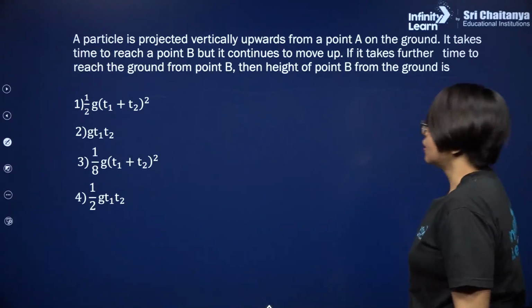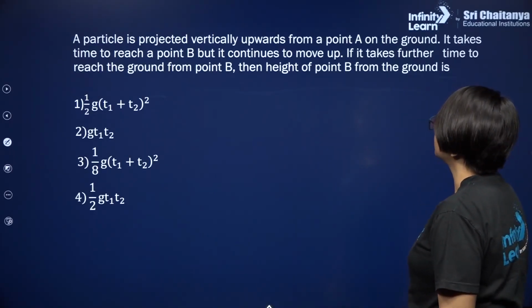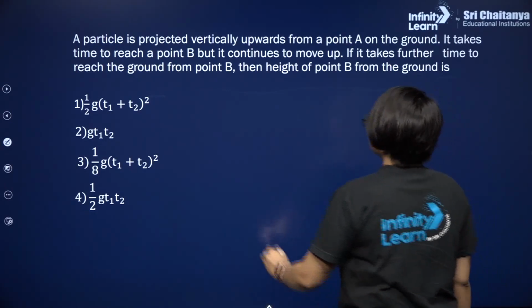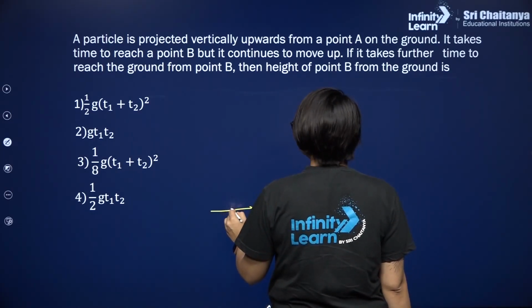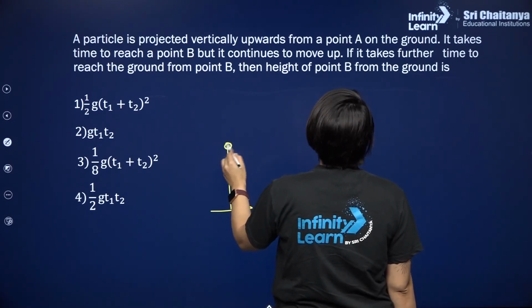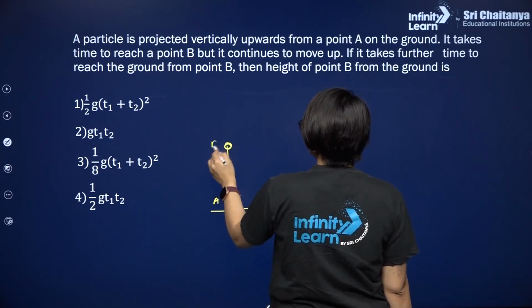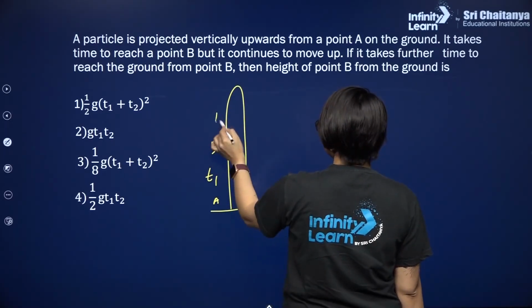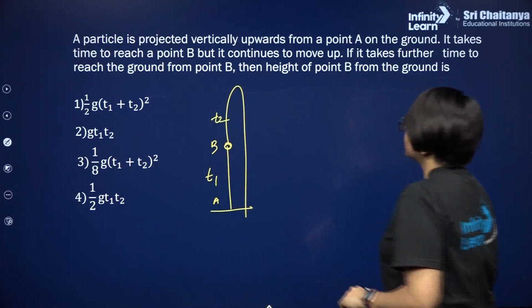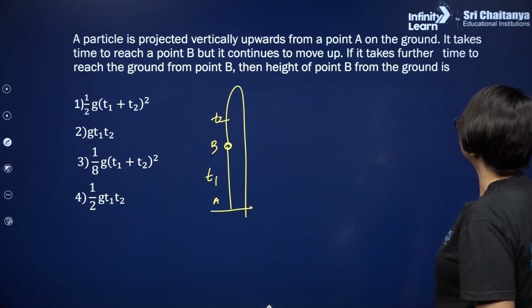which is option 1. Next is this: a particle is projected vertically upward from a point A on the ground and it takes t1 time to reach point B and then t2 time from B to again A. What is the height of the point B from the ground?